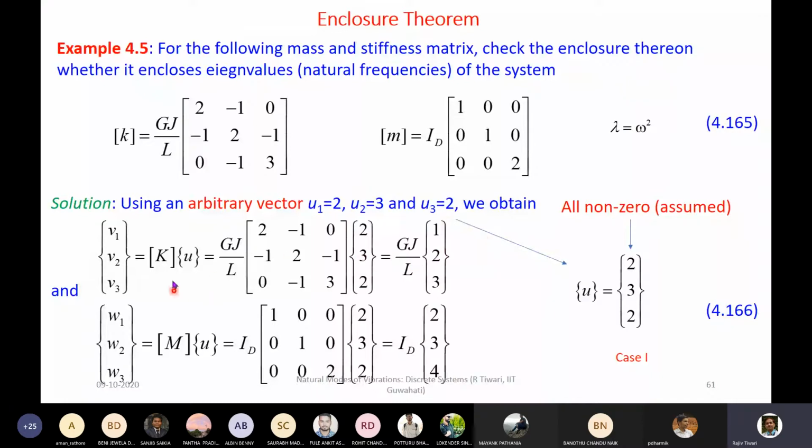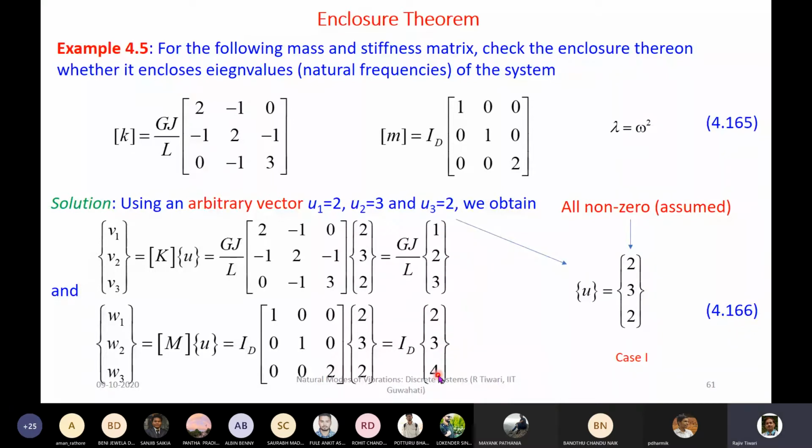Similarly, the W vector is defined as the mass matrix times the same vector which we have chosen. If we multiply these two, we'll get another vector. So we have 3 elements in each.